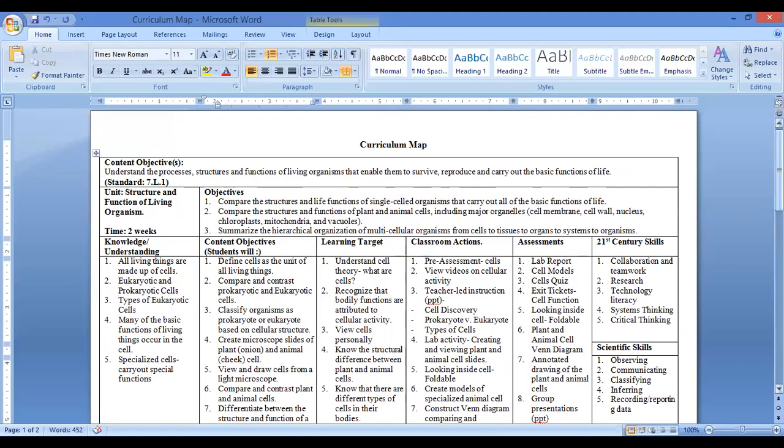And for this particular curriculum mapping session, I do want to focus on three of the major objectives that the state is pushing, and that is the comparison of the structures and function within single-celled and multicellular organisms.